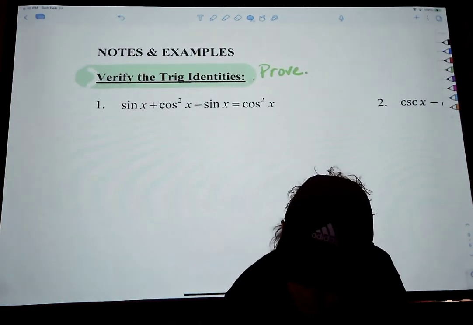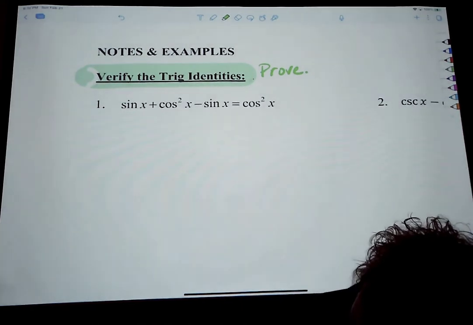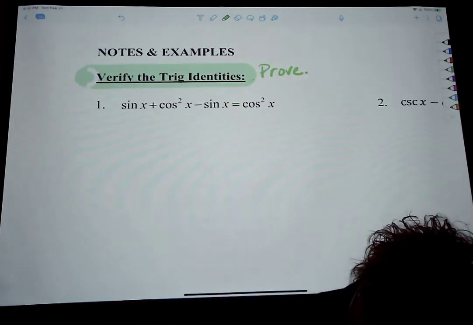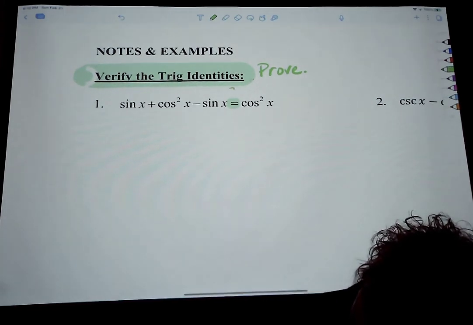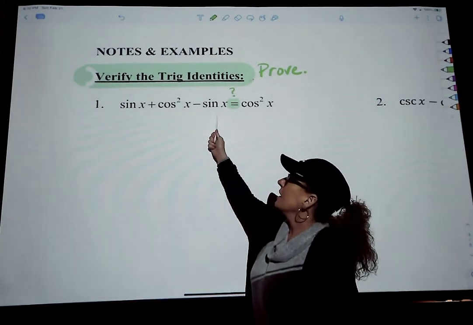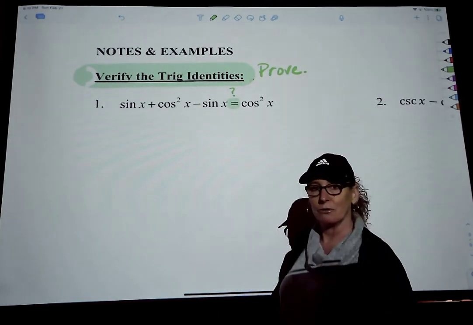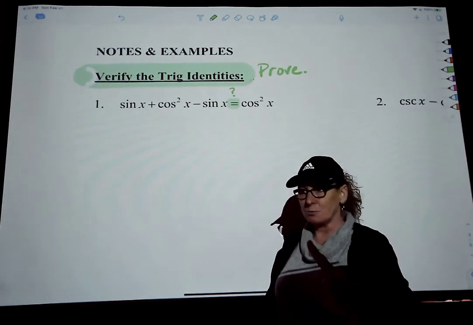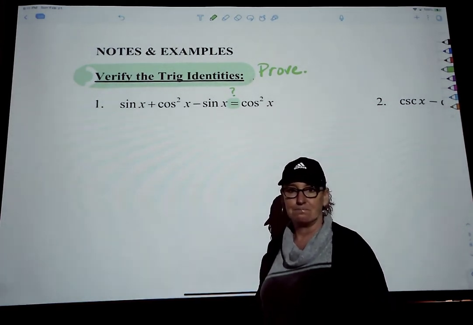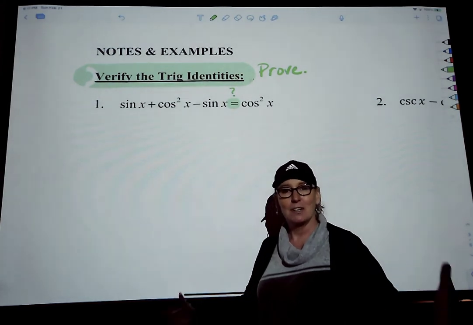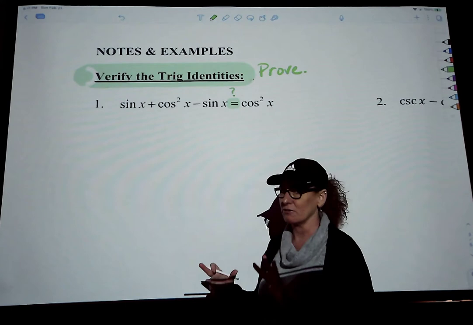You don't know yet that the left side truly does equal the right side. That's up to you to prove. Let's prove beyond a shadow of a doubt that the left side truly is equal to the right side. That's what we're trying to do in this whole section. Prove that the left side equals the right side every single time.